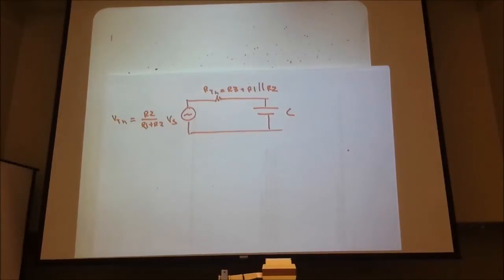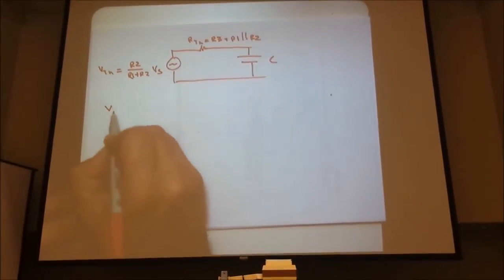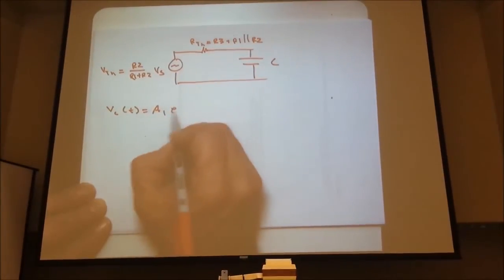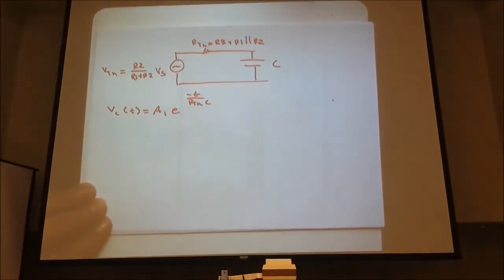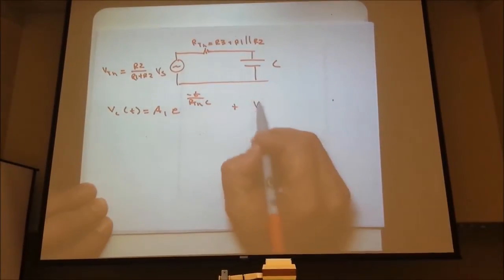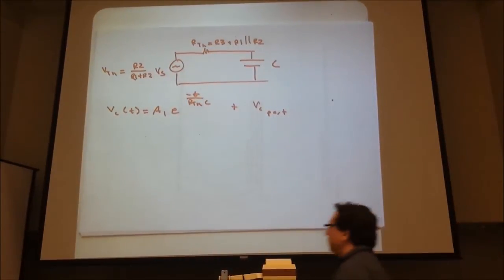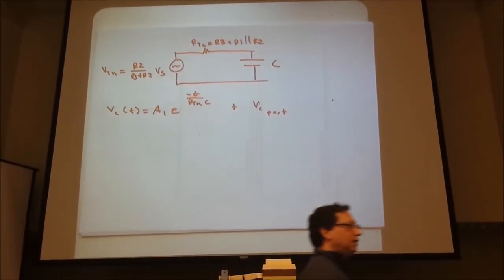And in this particular case, once again, we can say VC of t is some A1 e to the minus t over R Thevenin times C plus VC particular, whatever that particular is. And again, if we're looking at step functions, that's of course going to be a constant. So once we have it in this form, it's a solved problem.